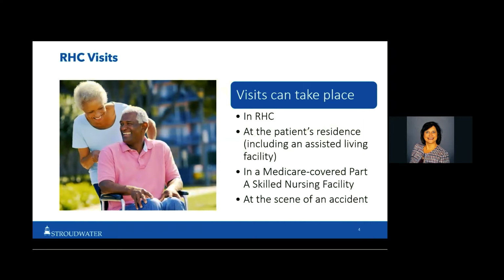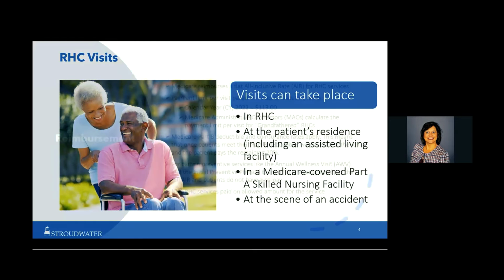So you actually can have an accident that happens, and one of your providers goes out to perform services at that scene of an accident, and the visit can take place there. And so I think that that's really unique and a cool thing about RHCs.